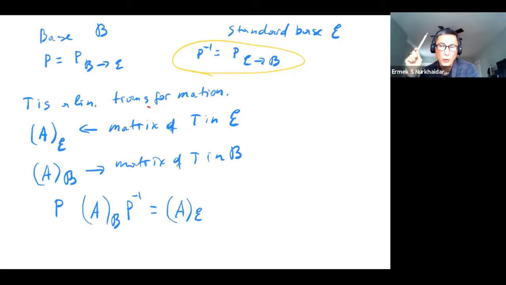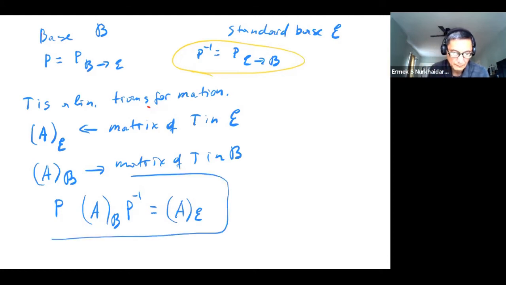Then only the conclusion was translated back to English. That's what we're going to be using. And that's where similar matrices become important. What similar matrices tell you is that it's the same linear transformation, but written in different bases.